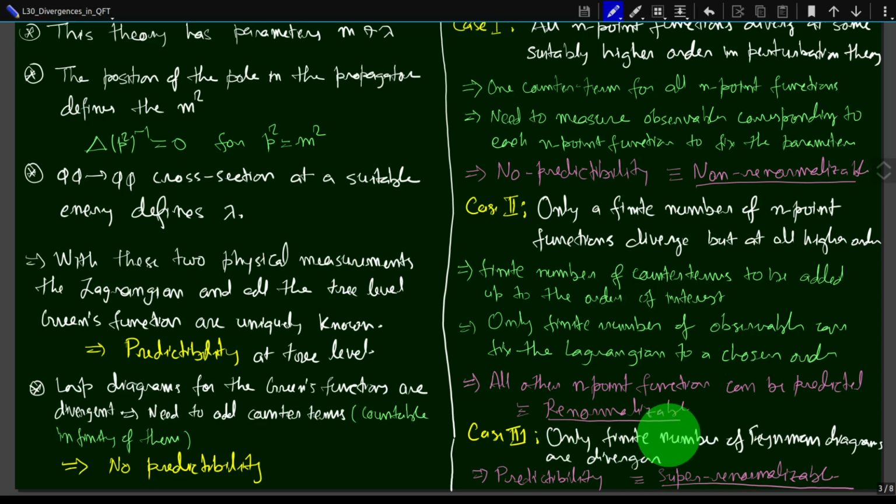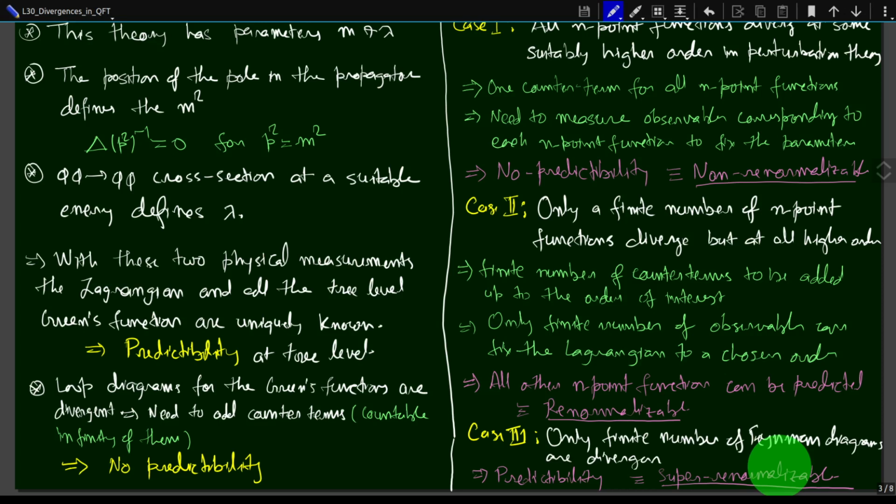Case 3 is that only a finite number of Feynman diagrams are divergent. It means not only a finite number of n-point Green's functions, but even within a given Green's function, if you go to sufficiently higher order, they are all finite. So you only have to compute, say, one loop, two loop, and that's all. Beyond a certain number of loops, they are all going to be finite anyway. That certainly is predictable, and this is called super-renormalizable.